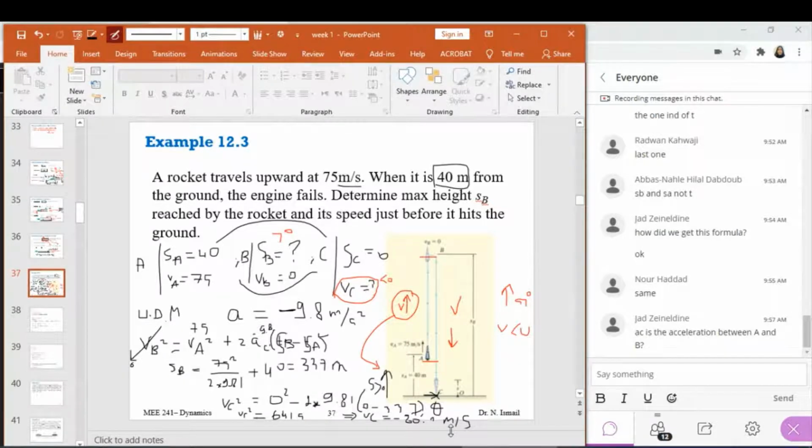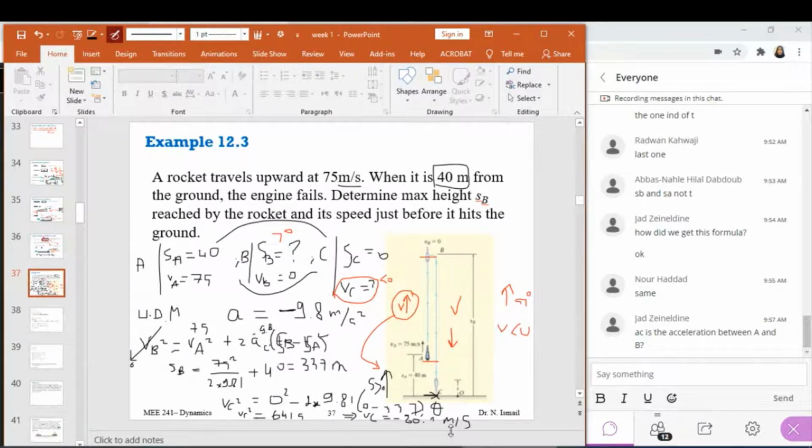AC is the acceleration between A and B. Jad, AC is constant. It is the same all over the path. It is equal to the gravity. Since the positive axis of S is upward, this constant acceleration all over the path will be equal to minus 9.8 because it's equal to the gravity, and since it is downward and the positive S is upward, then it should be negative.